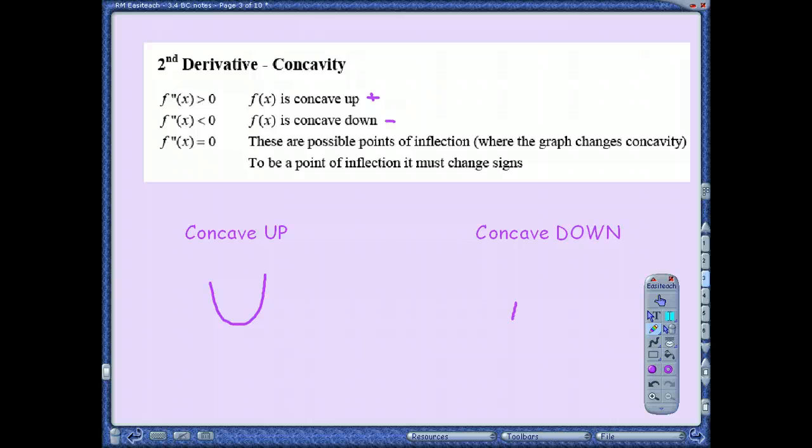Concave down, I know it sounds silly, but concave down looks like a frown. You get it. They're stupid, but the more stupid they are, the more likely we are to remember them. Now, where your second derivative equals 0 or undefined, those are possible points of inflection. There has to be a change in concavity for it to be an honest to goodness point of inflection.